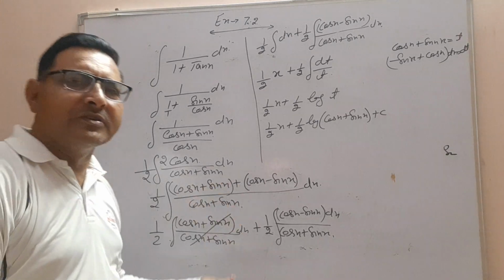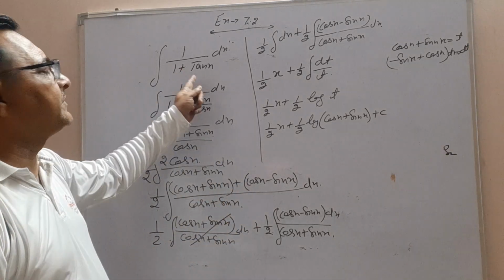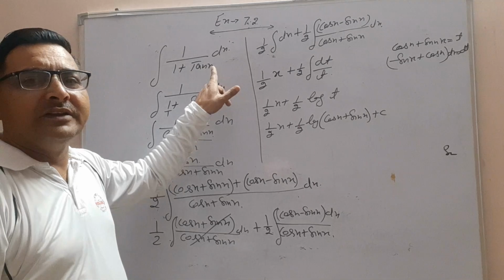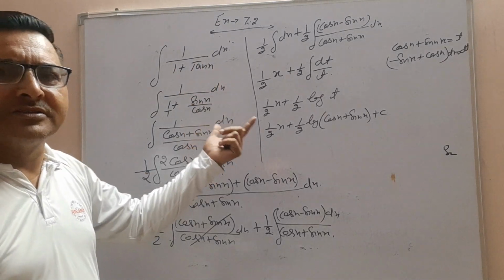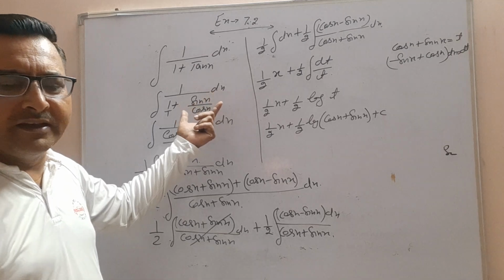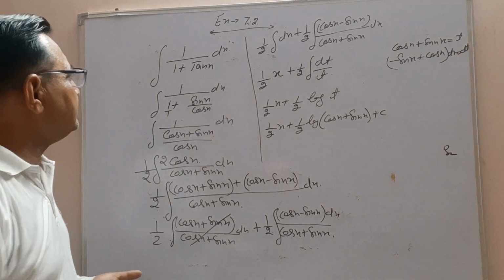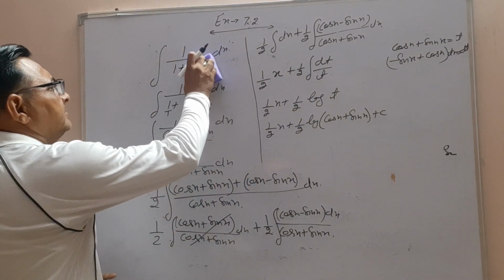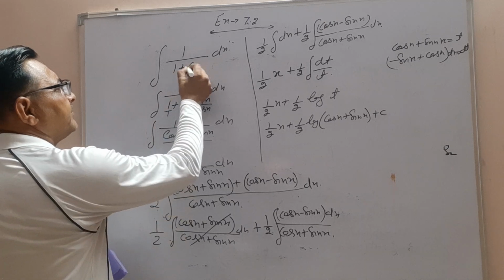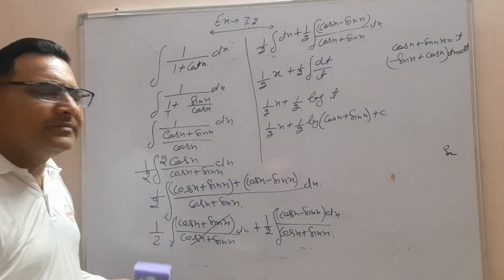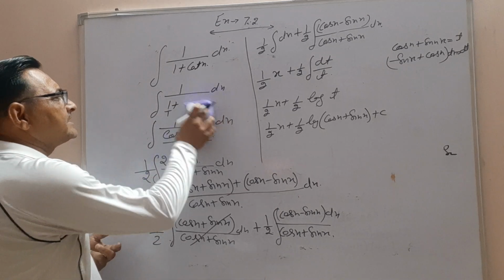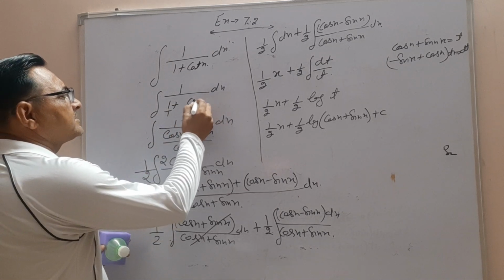The same type of question, if at the place of tan x there is a cot x, the method will be the same. So try it yourself. I am writing the statement here. If there is 1 plus cot x, the method is the same. You can write it as cos x upon sin x.